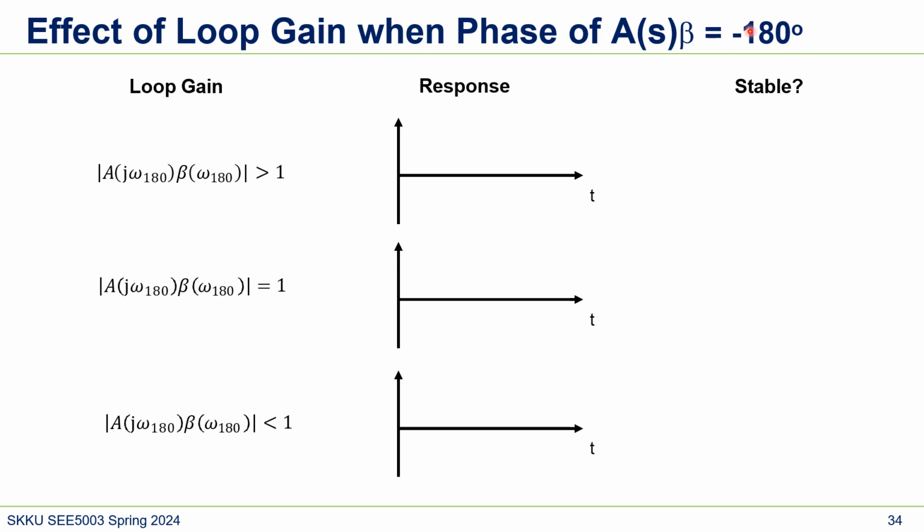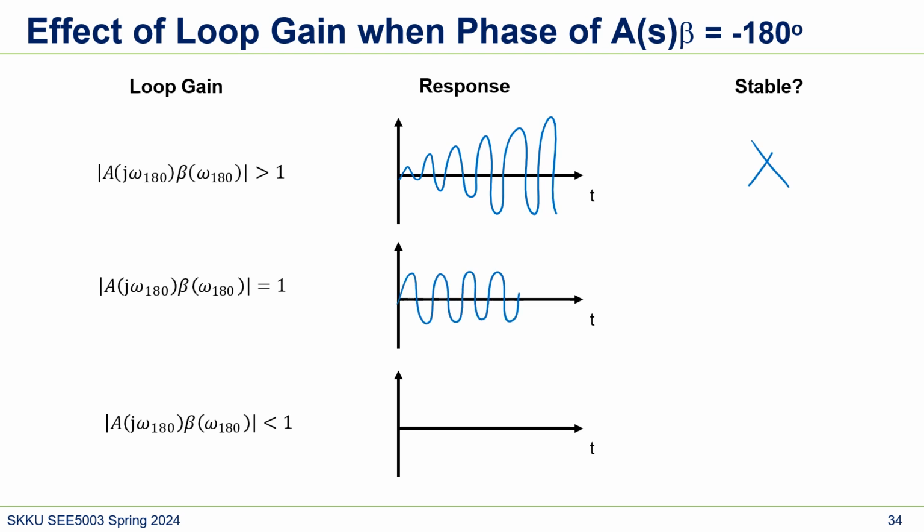Okay. So at that point, if the loop gain is larger than 1, it's bad, the signal will just diverge. Stable? No. When it's exactly one, what happens is they just oscillate. We sometimes need that for an oscillator, but not in this case.